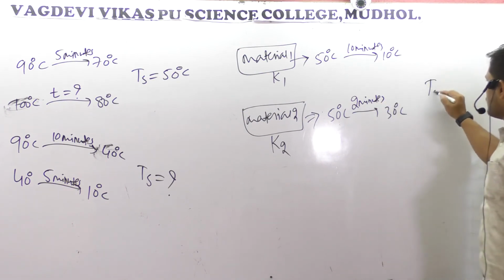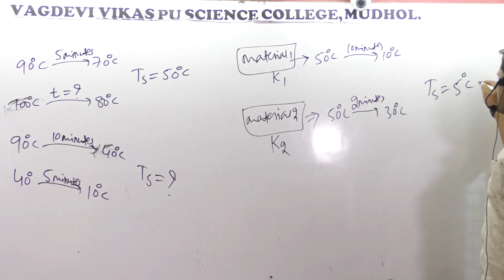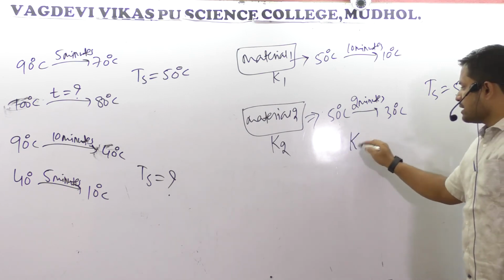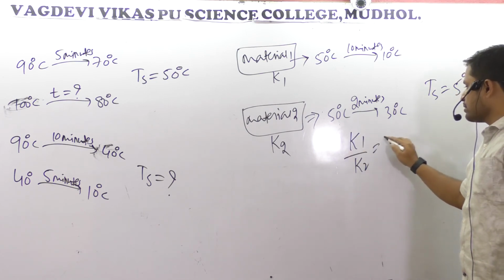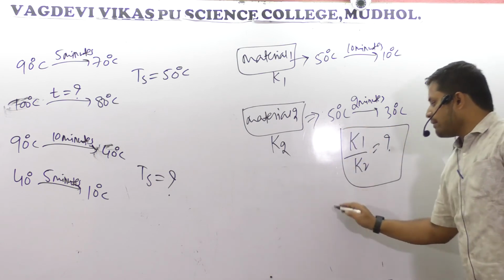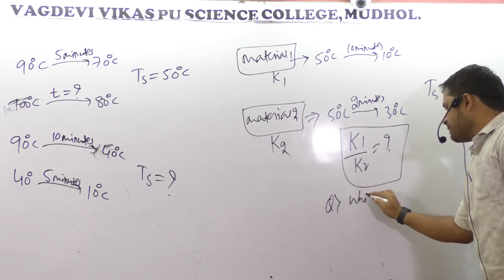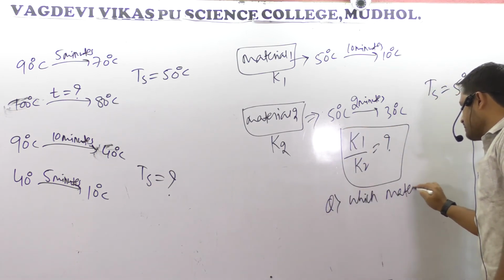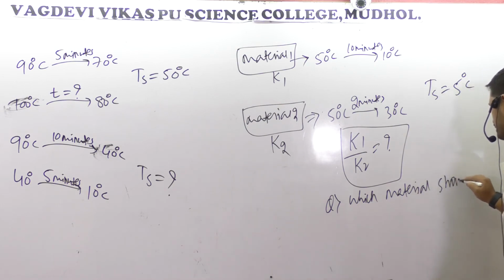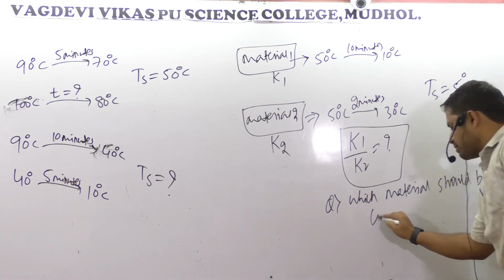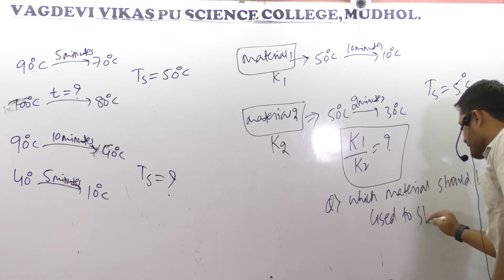The temperature of the surrounding is going to be 5 degrees Celsius. Now they are asking you K1 divided by K2 is equal to question mark. And they have added one more question here: which material should be used to store heat?